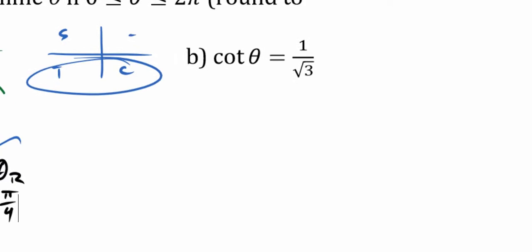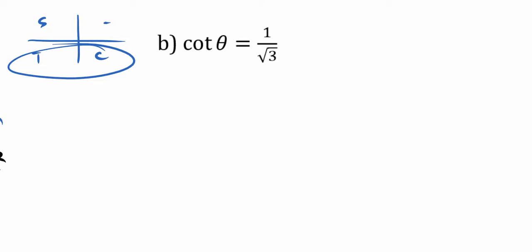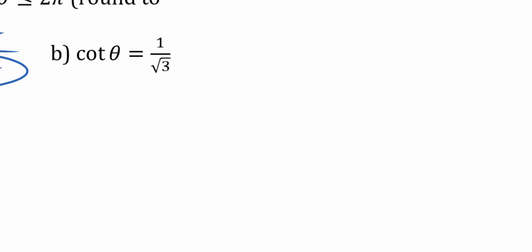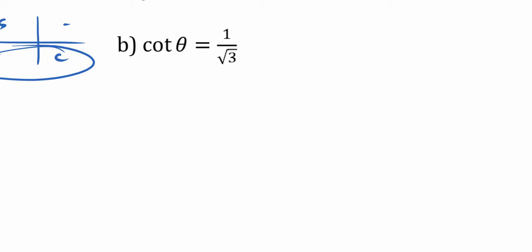All right, I'm going to keep going, if you're okay with that. I think we got 2 more after this, yeah. Cotangent theta equals 1 over root 3. So what triangle are we in?